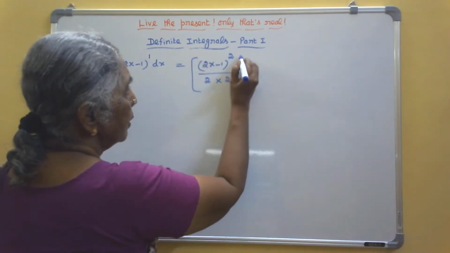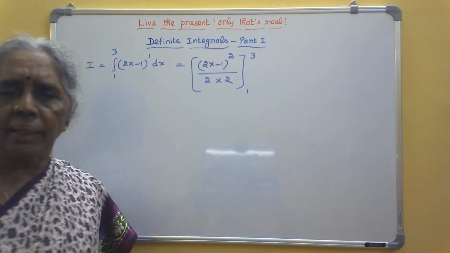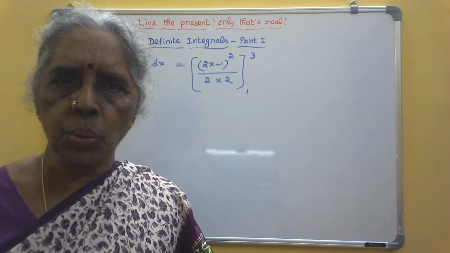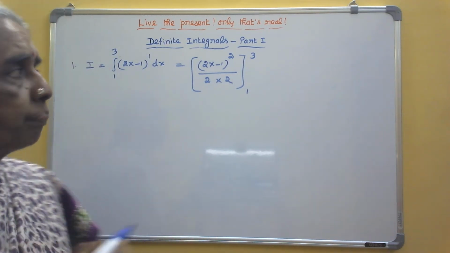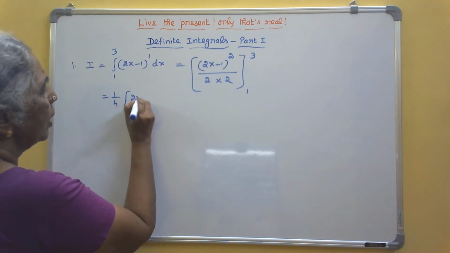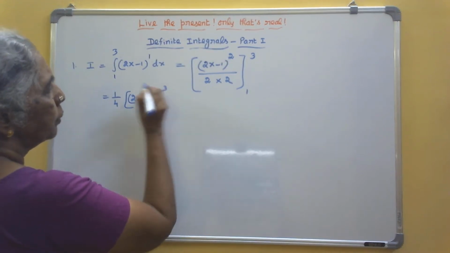Now I will put a bracket, the lower limit and the upper limit, right? Always take the constants outside so that the calculations will be easier. So now let me take that 1 by 4 out. So I am getting 2x minus 1 the whole square, 1 to 3.